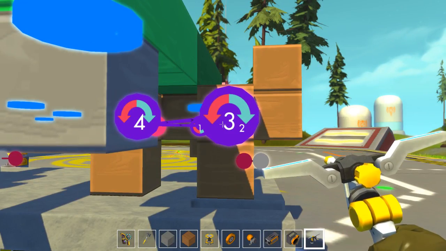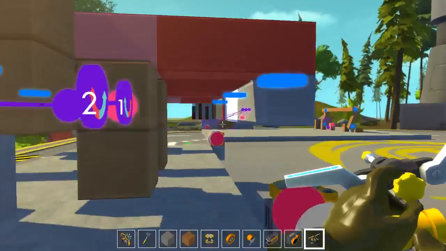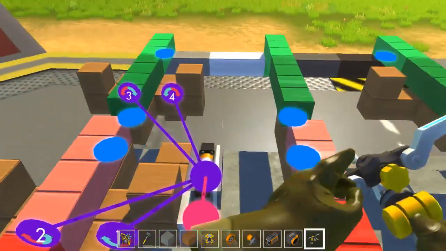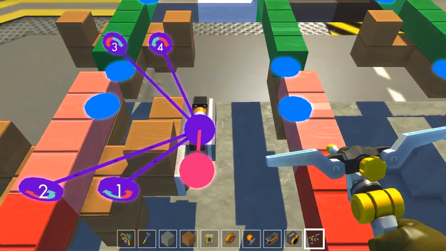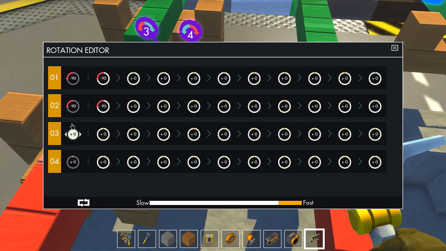Towards the red. Towards the red. You know what? That needs to be on the other side. Always test. Always test.